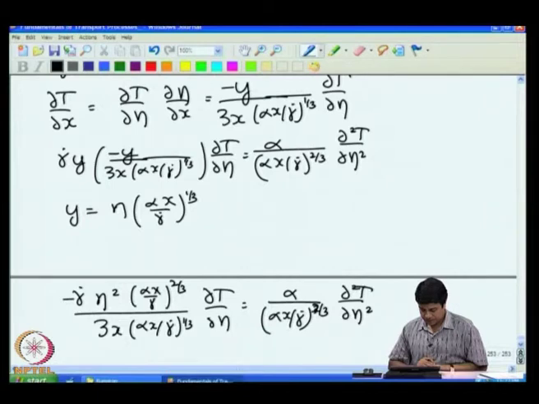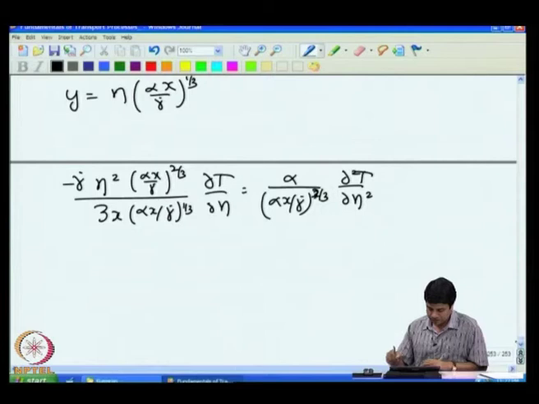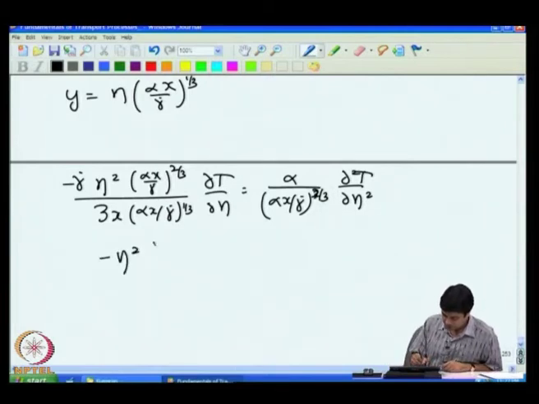And you can easily verify that all of these terms will cancel out finally to give you minus eta square dT by d eta is equal to d square T by d eta square.